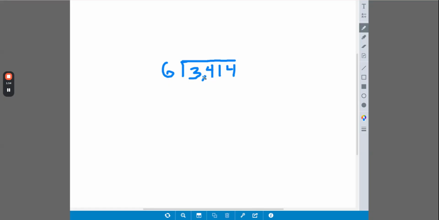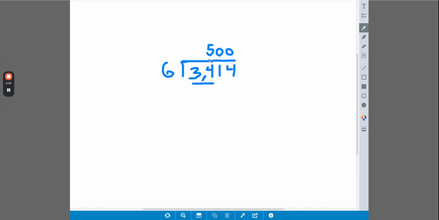Since I'm dividing up hundreds, I think I can put 500 in each group, because 5 times 6 is 30, and that's what I was dividing up, 34 hundreds.